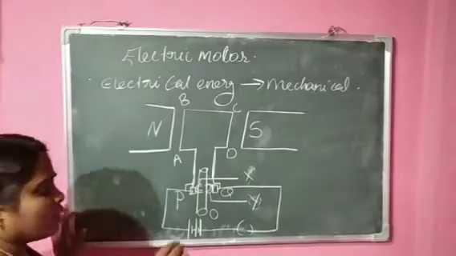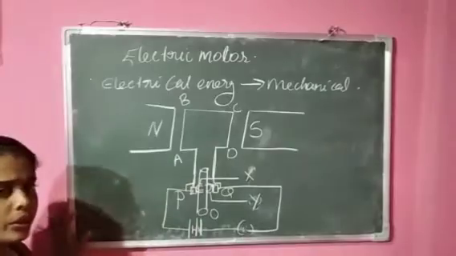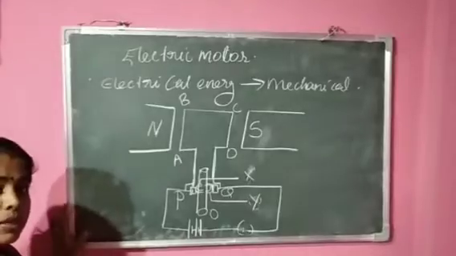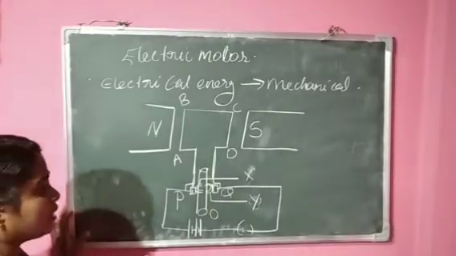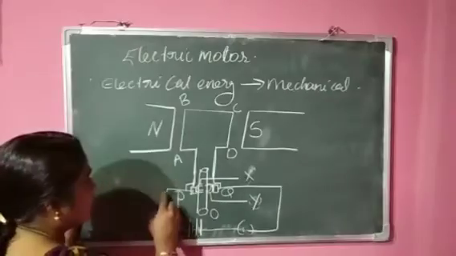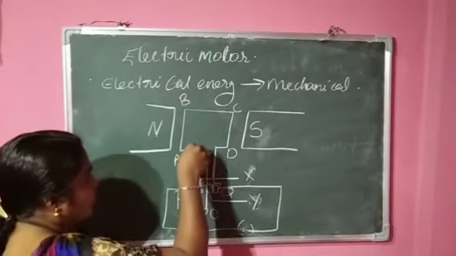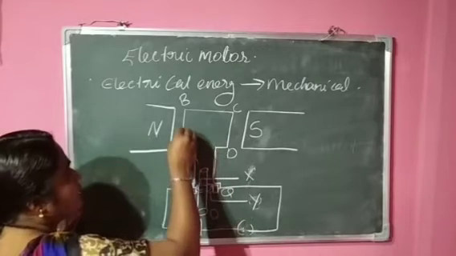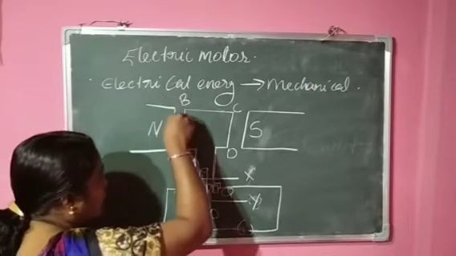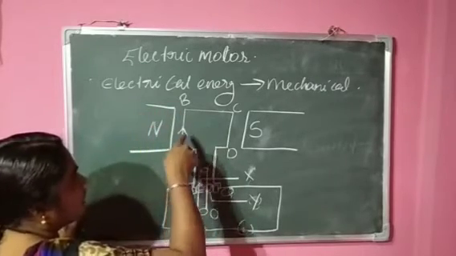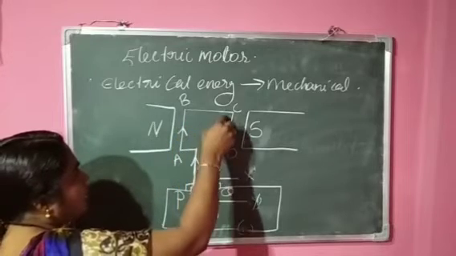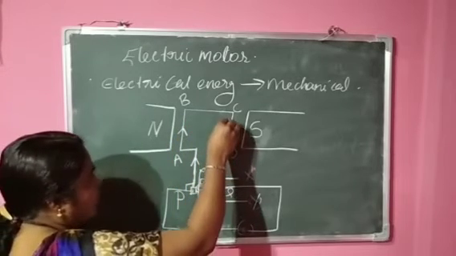When the key is closed, what is our principle? A current carrying conductor. So when the key is closed, the current will flow through this arm. That is, in the arm AB, the direction of current is A to B. Then, in the arm CD, what is the direction of current?